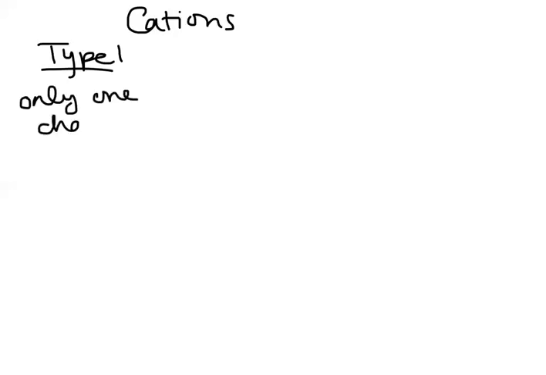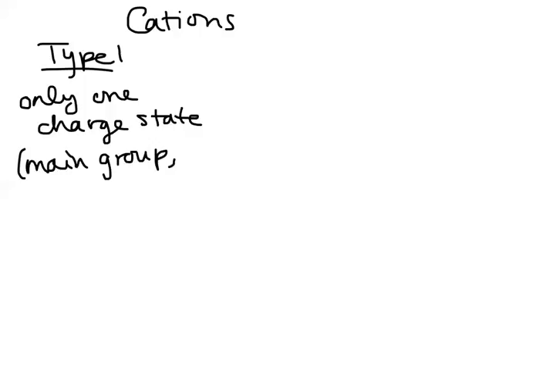Where do these tend to be on the periodic table? Main group elements. And then what are the 2 exceptions in the transition metals? Does anybody remember? Silver and zinc, yes.